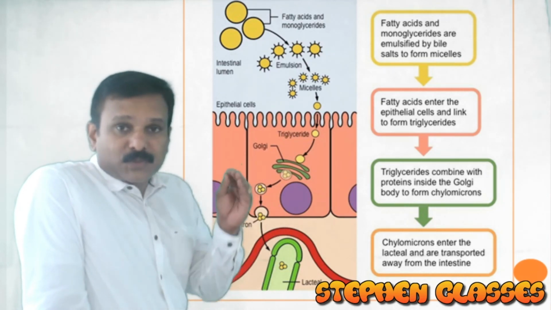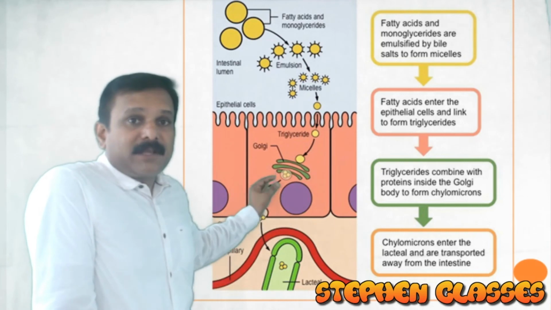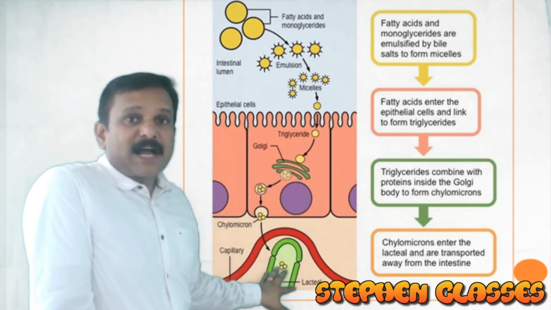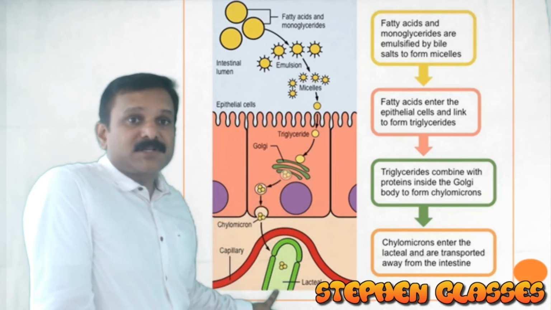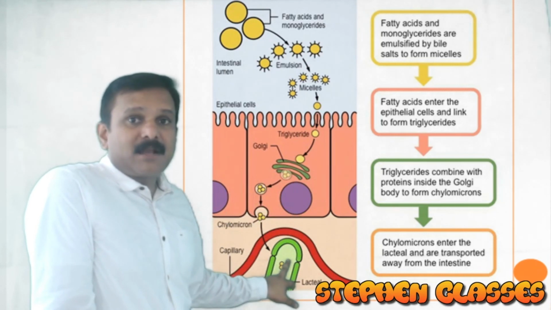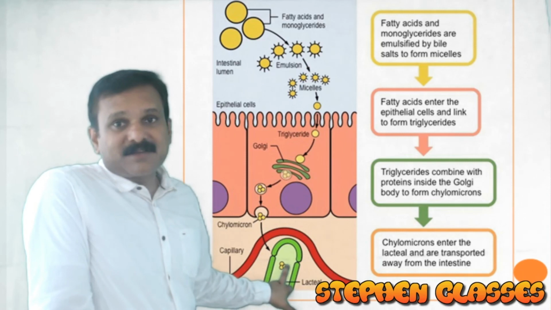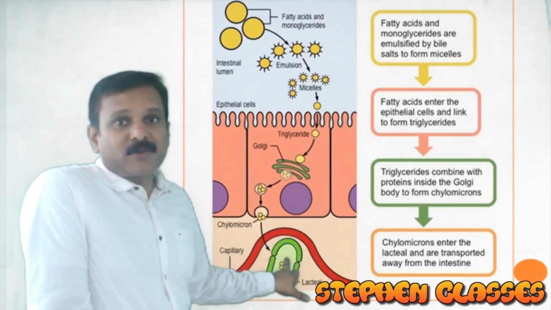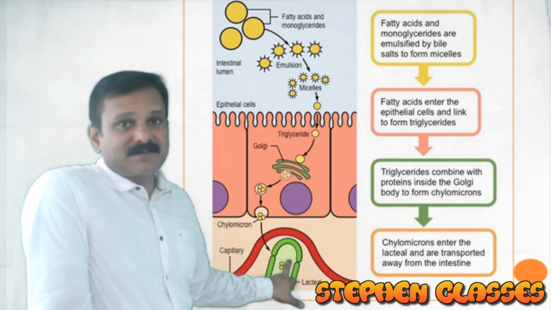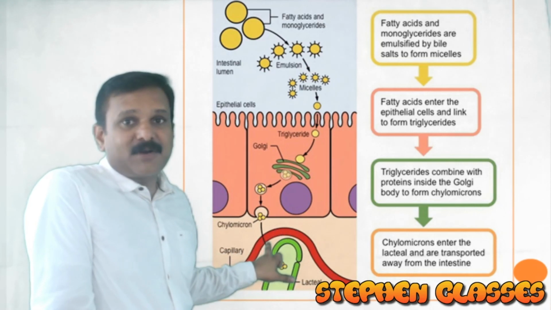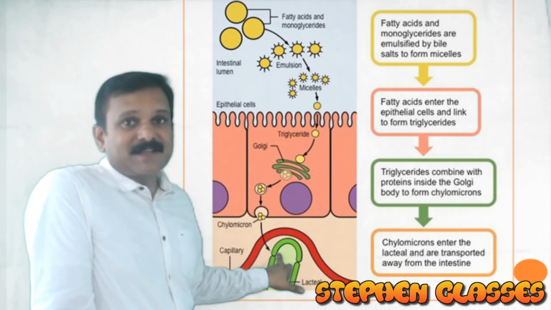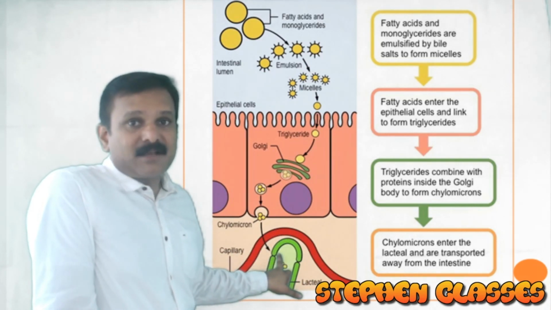So through the lacteal, in the form of chylomicron, the absorbed substance will be transported. So lacteal is finally helping with fat absorption. So in the form of chylomicron, it will be entering into the lacteal, not into the blood vessel, shown over here as red. Into this green portion of lacteal, it will enter.